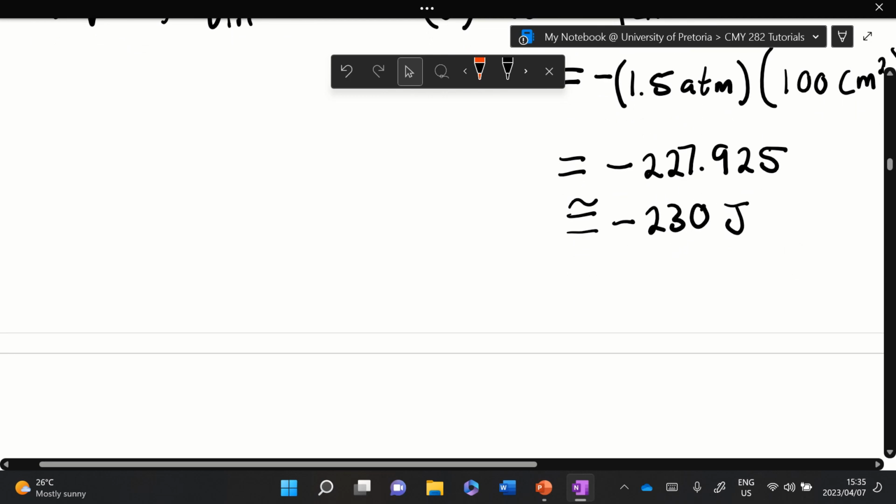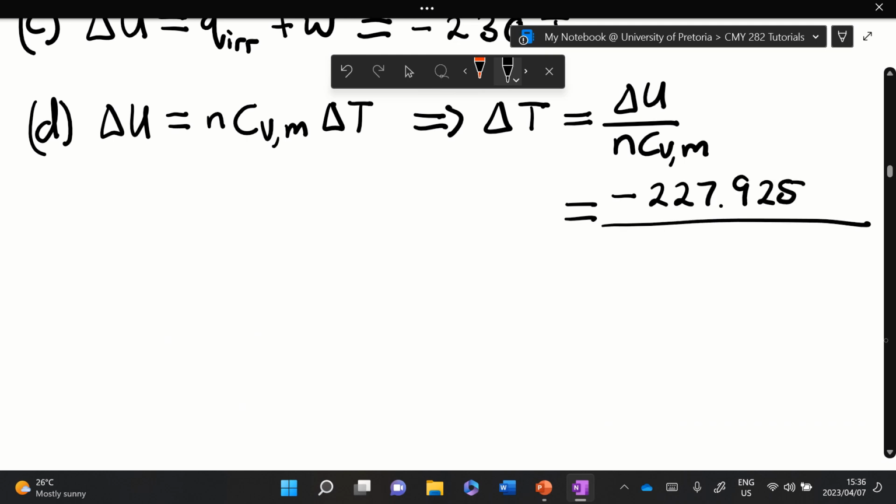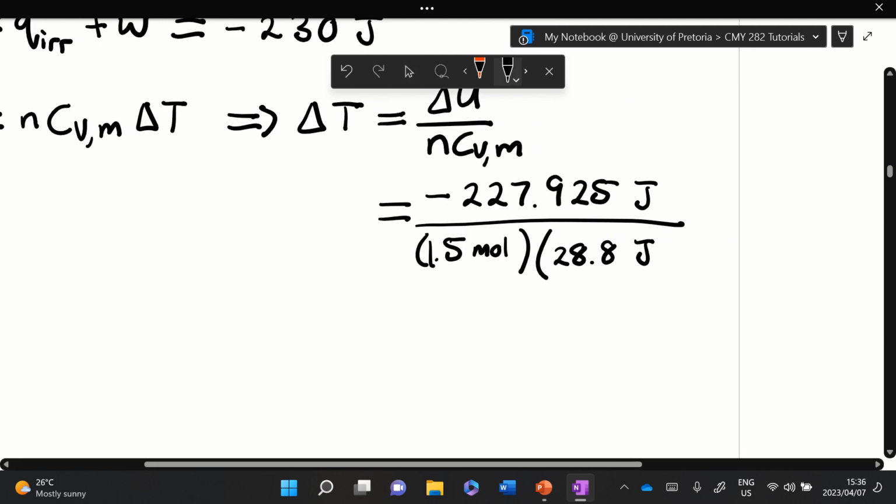So we need to plug in this 227.925 value over 1.5 mole, that's in joule, and then 28.8 joule per Kelvin per mole.